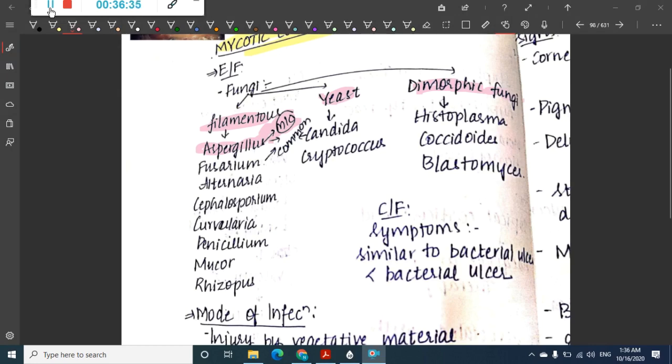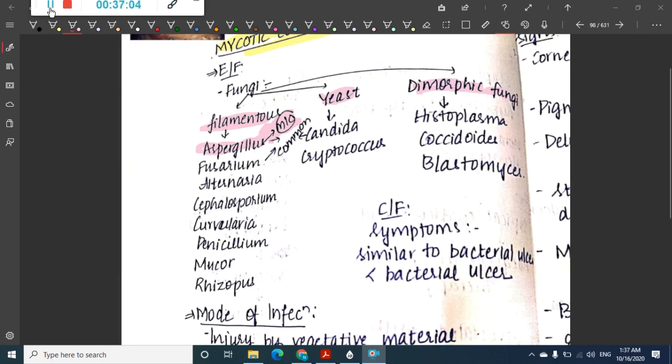Other filamentous fungi like Fusarium, Alternaria, Cephalosporium, Curvularia, Penicillium, Mucor and Rhizopus are also associated with it. Some yeasts like Candida, Cryptococcus, and dimorphic fungi like Histoplasma, Coccidioides, Blastomycosis, all these will cause mycotic corneal ulcer.